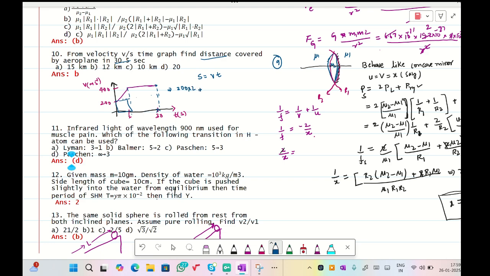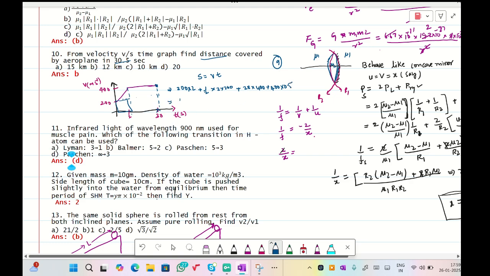So now the area of this one: first of all, 200 into 2, plus the area of the triangle, 1 by 2 into base, which is equal to 2, into height, which is 200, plus 28 into 400. Then after 2 seconds up to 30 seconds, it is moving at constant velocity, 400 meters per second. Therefore in 0.5 seconds, the distance is 400 into 0.5.